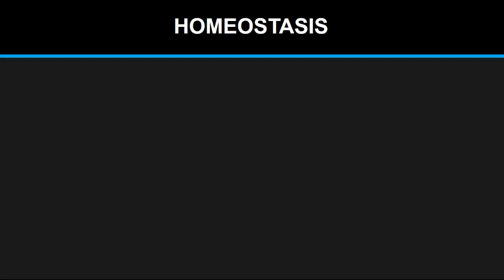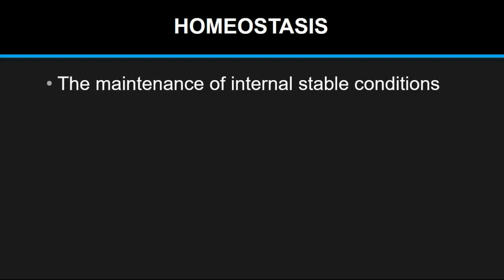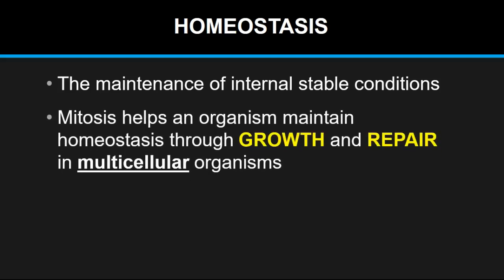And again, this is coming back to homeostasis. If you'll recall, homeostasis is the maintenance of internal stable conditions. And mitosis helps with homeostasis in organisms through growth and repair, in particular in multicellular organisms.